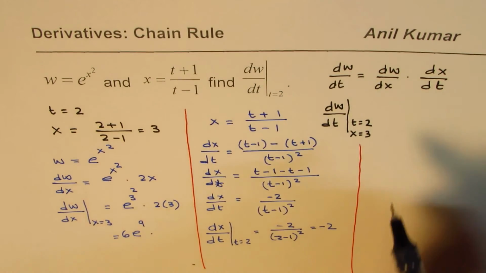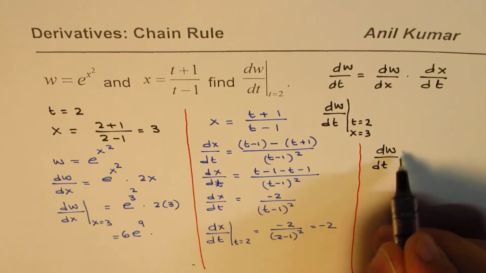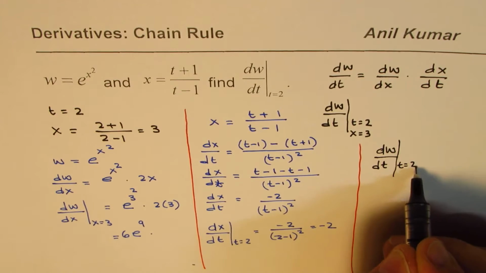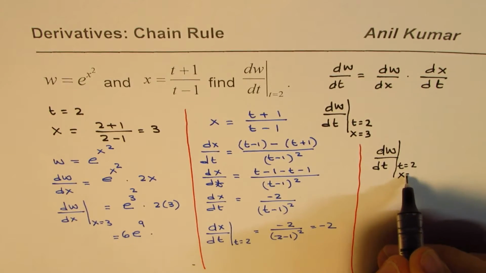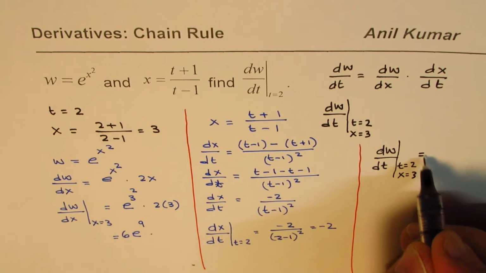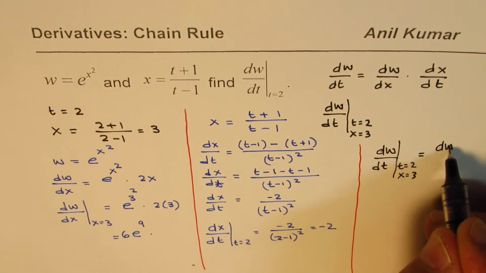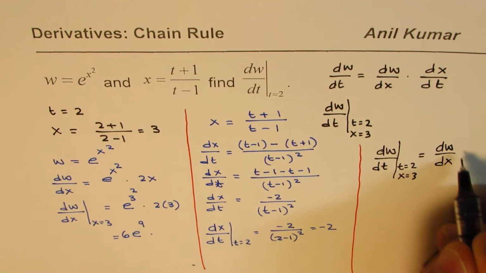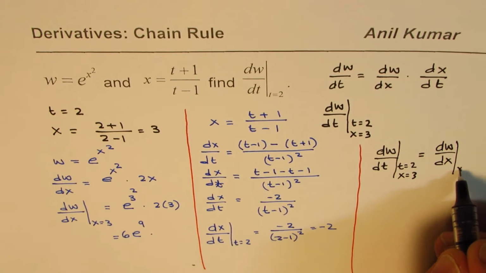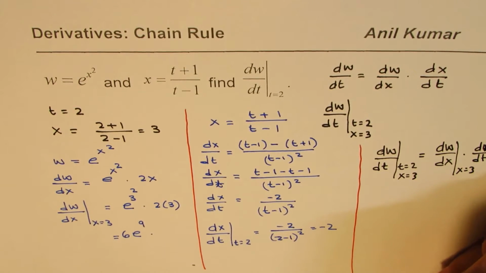Now let's find dw/dt for t equals 2 and x equals 3. At t equals 2, x is 3. That's the reason this should equal dw/dx at x equals 3 times dx/dt at t equals 2.